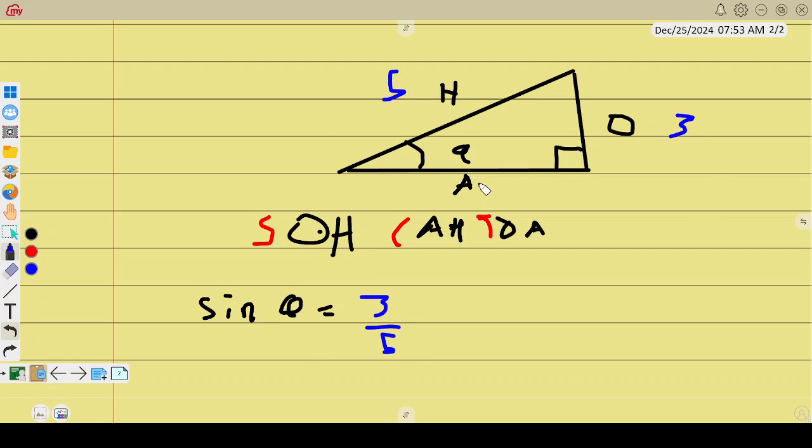So let's say here we have 7 on the adjacent. C is for cos, so cos theta is equal to adjacent over hypotenuse, 7 over 5, or you can write A over H. Tan is 3 over 7. So this was just a review.